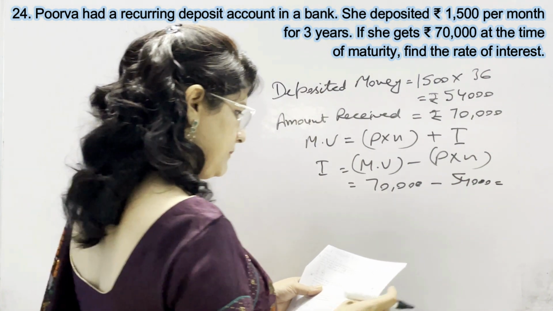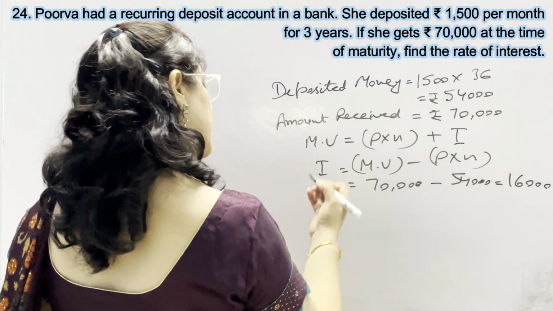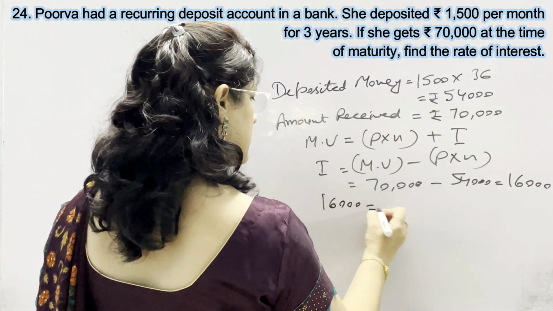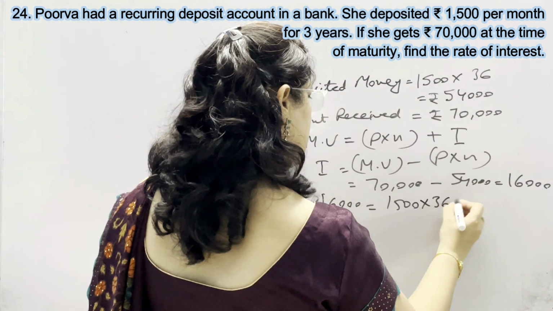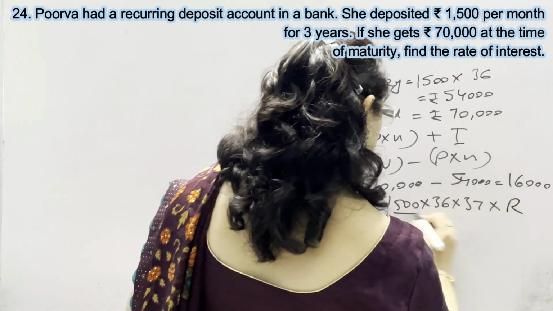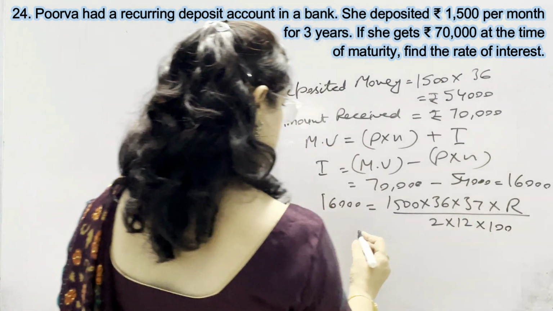So minus, it means 16,000. Now we can simply apply the formula for interest. It means 16,000 interest I is equal to P into N plus 1, and rate we need to calculate divided by 2 into 12 into 100.